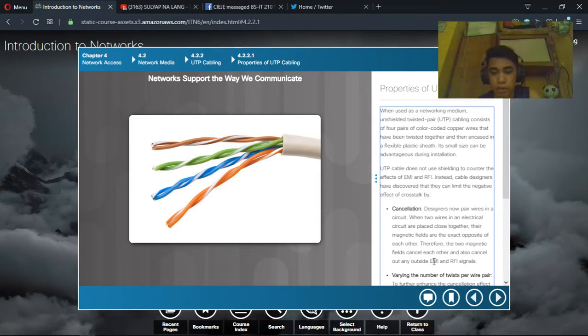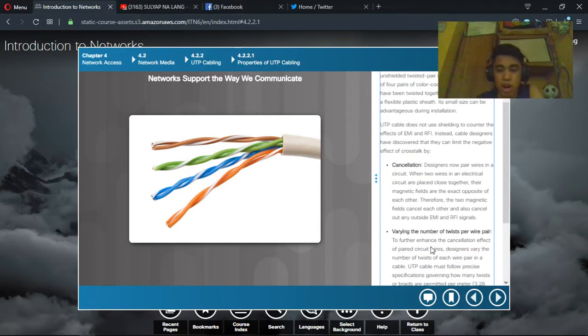Therefore, the two magnetic fields cancel each other and also cancel any outside EMI and RFI. That's why the wires inside the cable are twisted, to cancel out the EMI and RFI and both of their magnetic fields. Next is varying the number of twists per wire.